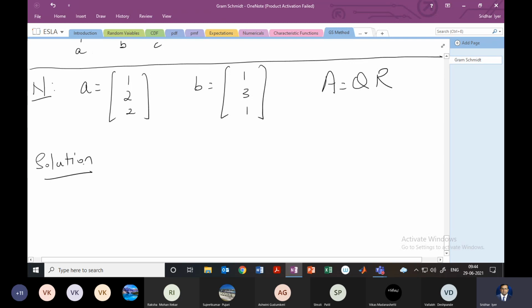So first step, you need to find Q1. So first you need to take A, and then from there you need to find Q1. Follow the same process that we did in the previous question.